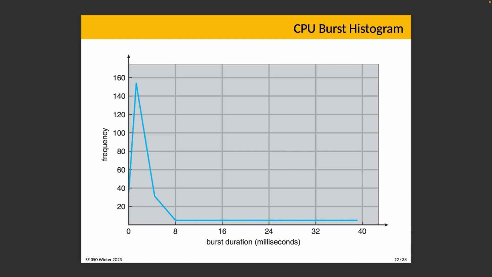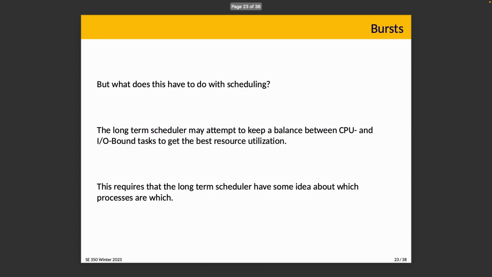So what does this have to do with scheduling? Why do we care about CPU burst and I/O burst? In some systems, an I/O and CPU balance would help us make the best use of the resources, right? If the long-term scheduler is trying to keep an eye on how much the CPU is being used versus how much the I/O devices are being used, it could potentially make some decisions that help with making the best use of both of these resources.